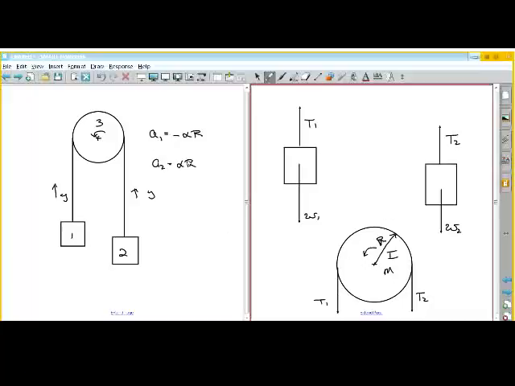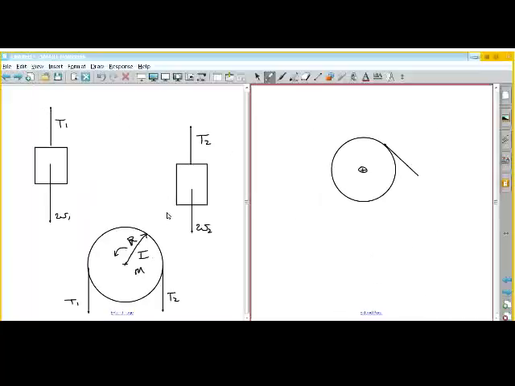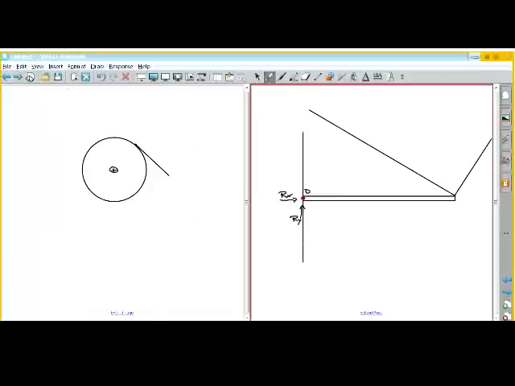So this linear motion changes into rotating motion through these relationships. And then you do the sum of the forces and the sum of the torques, and you can be able to solve for alpha. If you know alpha, you can then solve for the tensions. We did a lot of those problems.